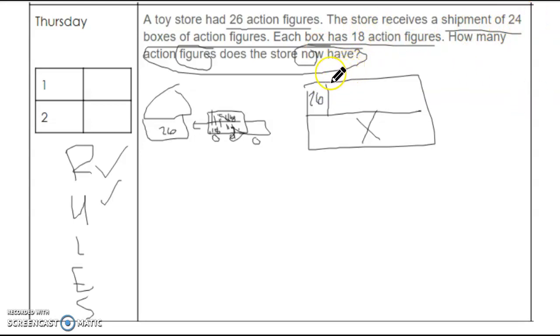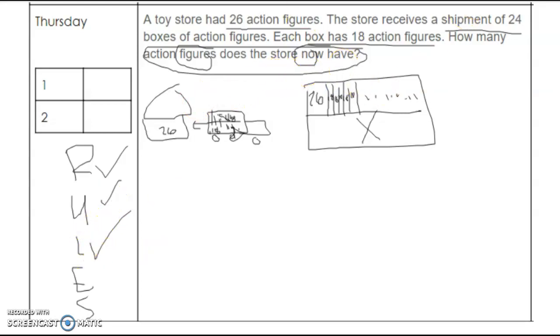So here we have 24. So I'm going to just do 1, 2, 3, 4, 5, 6, dot, dot, dot, all the way to 24. And we have 18 in each. So 18, 18, 18, 18, 18.